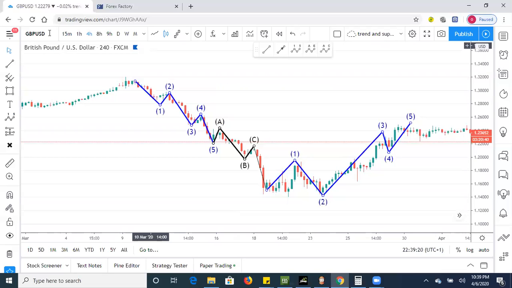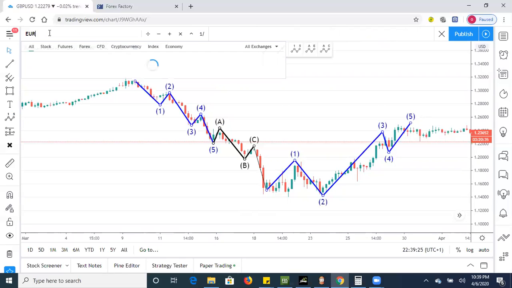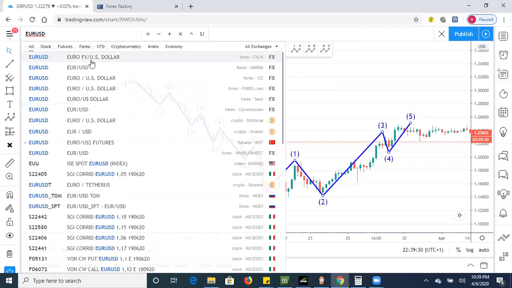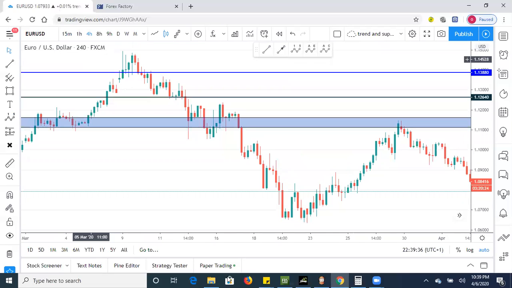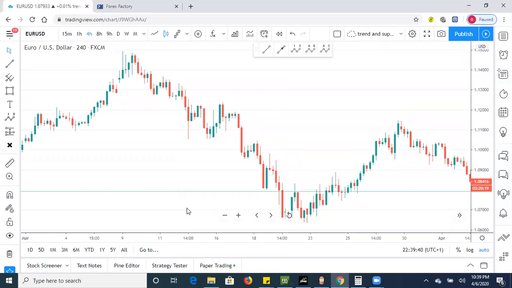Let's look at one of the most commonly traded pairs, Euro USD, and see if we could do something similar to Euro USD. Check out all drawings.